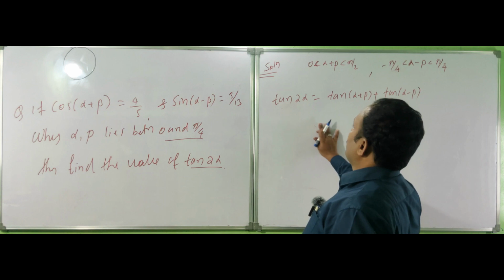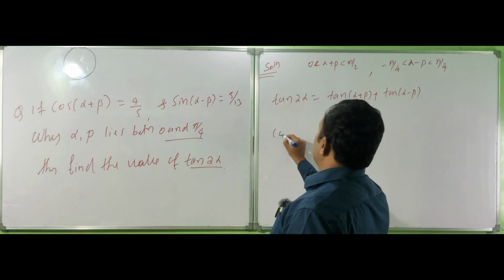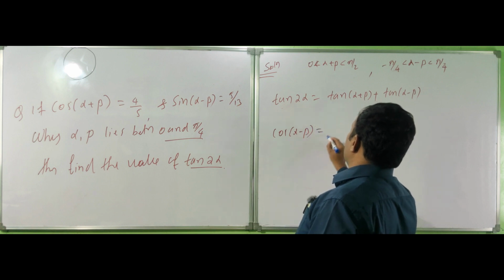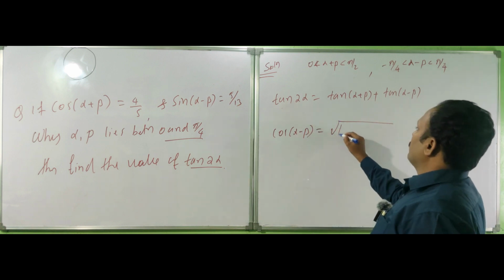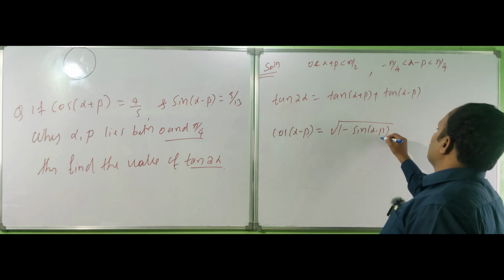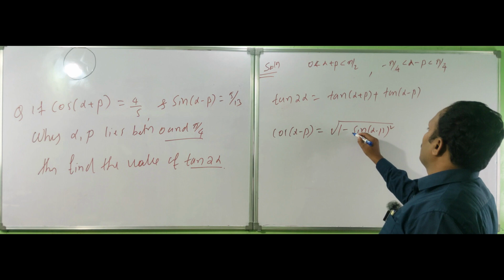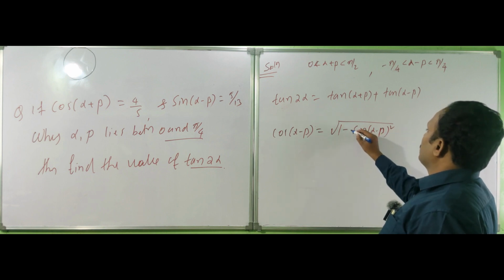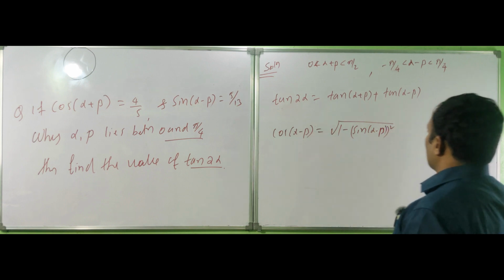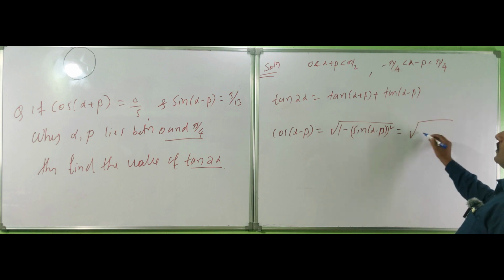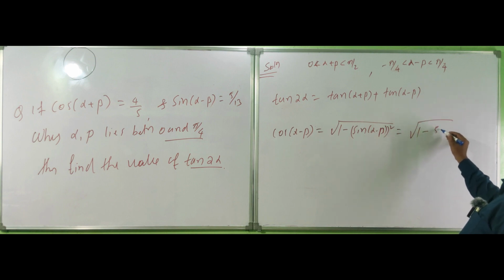So right now, cos of alpha minus beta is equal to the square root of 1 minus sin squared of alpha minus beta. This is the square root of 1 minus 5 by 13 whole squared.